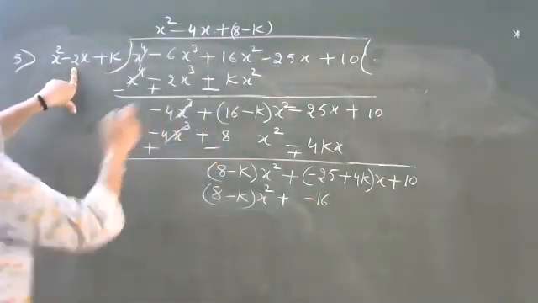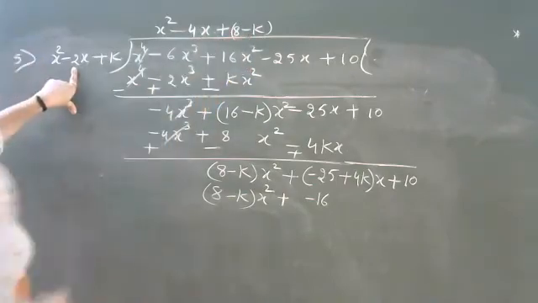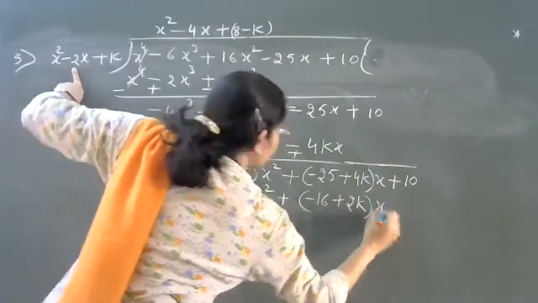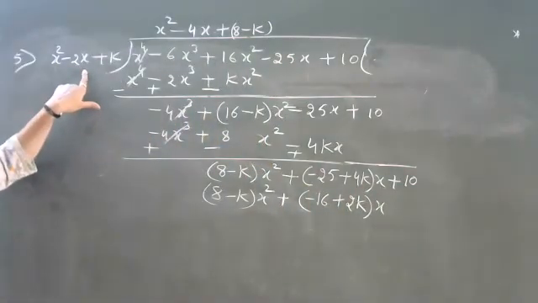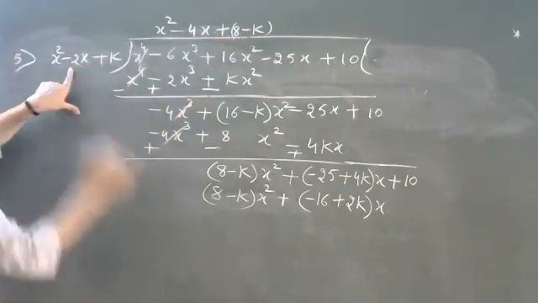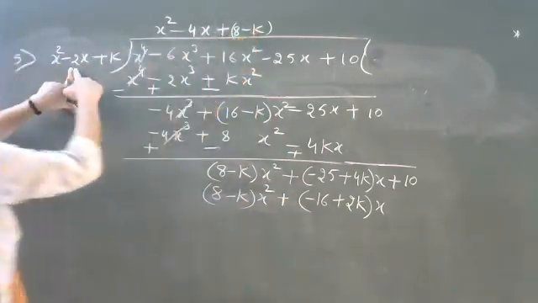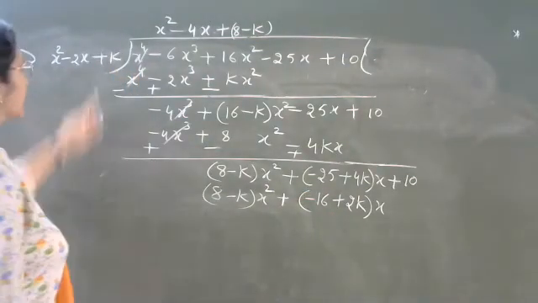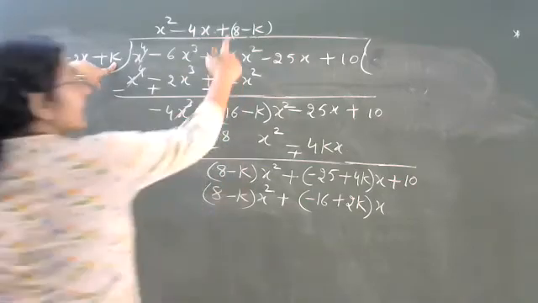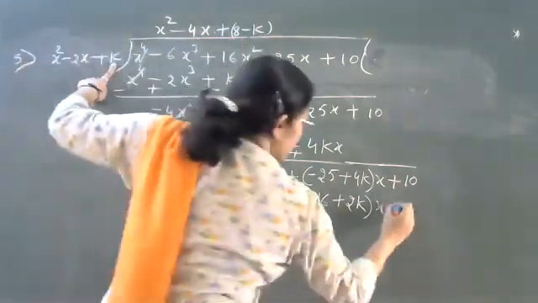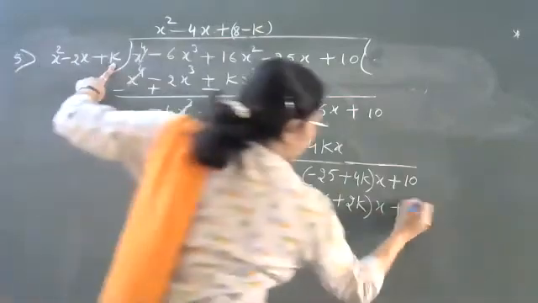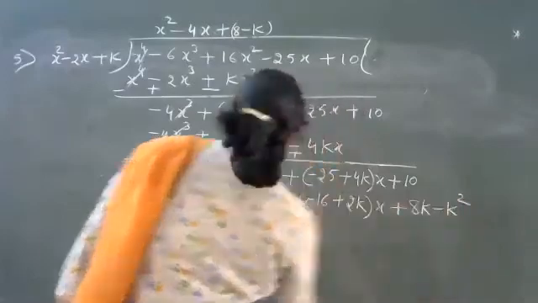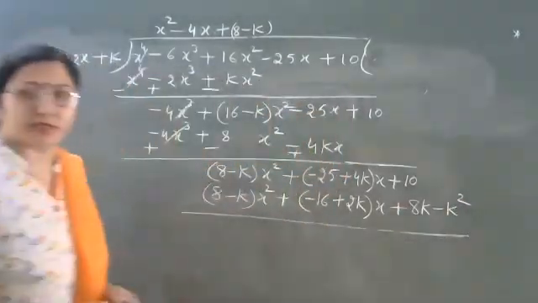Clear? उसके बाद माइनस माइनस प्लस 2k और सबका कोएफिशिएंट क्या हो गया? x. क्लियर? सिर्फ 8 को -2 से किया -16, -k को -2 से किया, तो यहाँ पे माइनस माइनस प्लस 2k, नथिंग एल्स. उसके बाद k की मल्टीप्लिकेशन 8 माइनस k के साथ प्लस 8 into k, 8k minus k into k minus k square, like this.